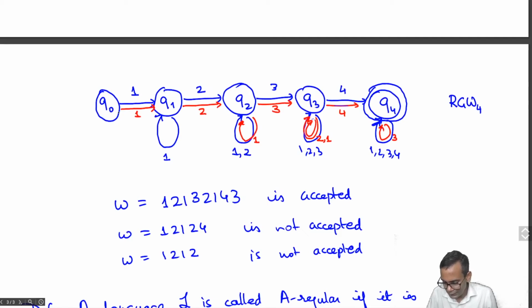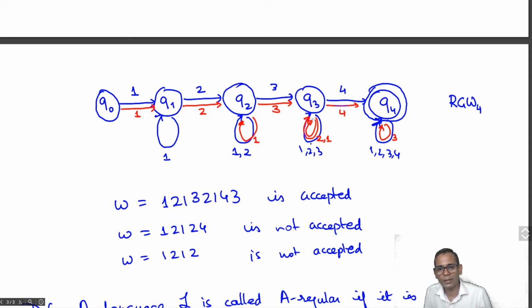When you're at state Q0, you're just starting out, and the only letter that you're allowed at this stage is 1. And until you see a 2, you're not allowed to put any of the letters 3, 4, and so on. So you just keep looking for ones, and as long as you have ones, you stay in this state. Once you have a 2, now you're allowed to put in ones and twos.